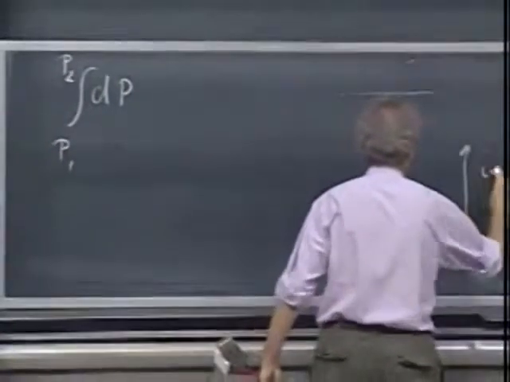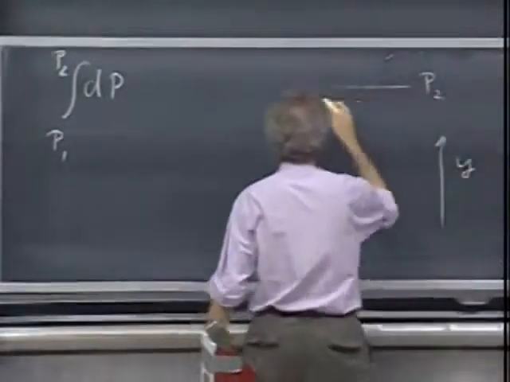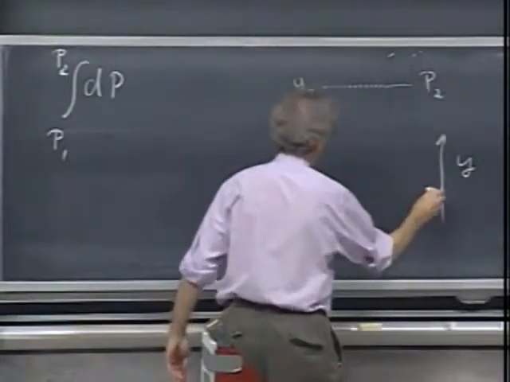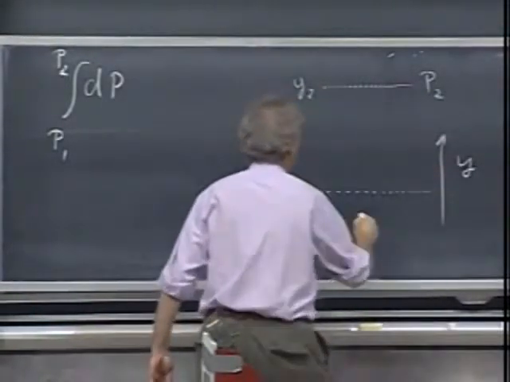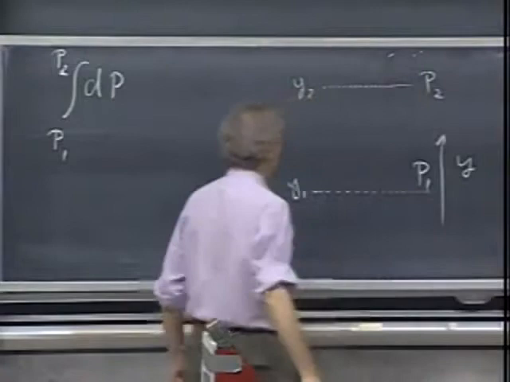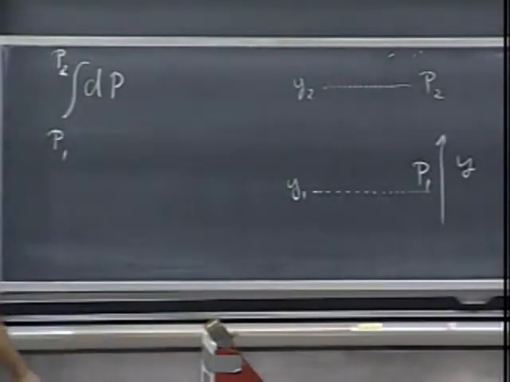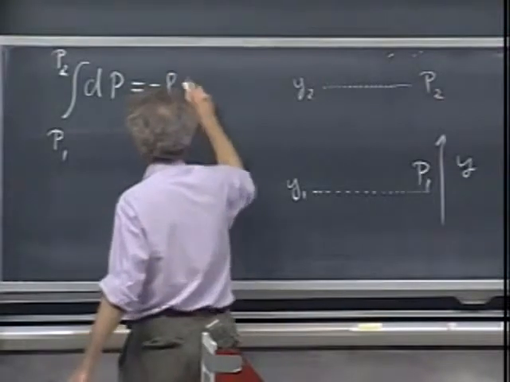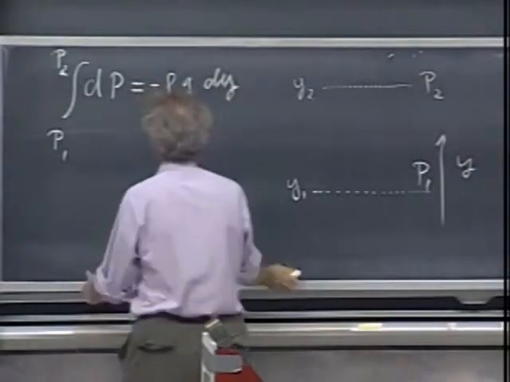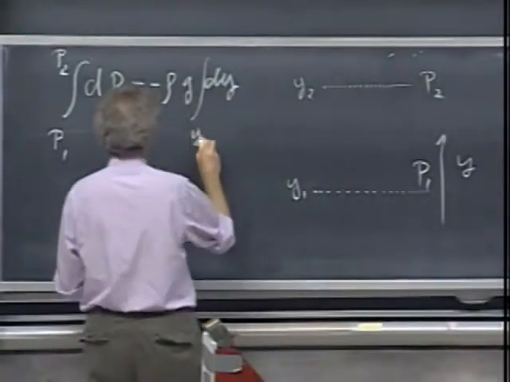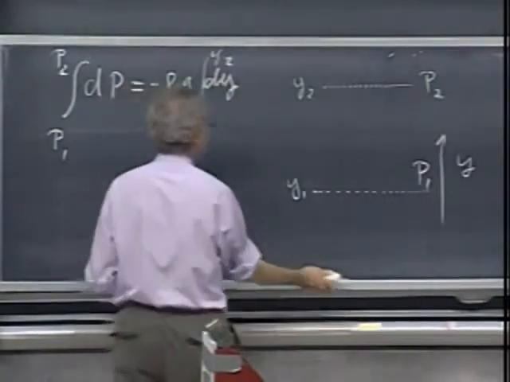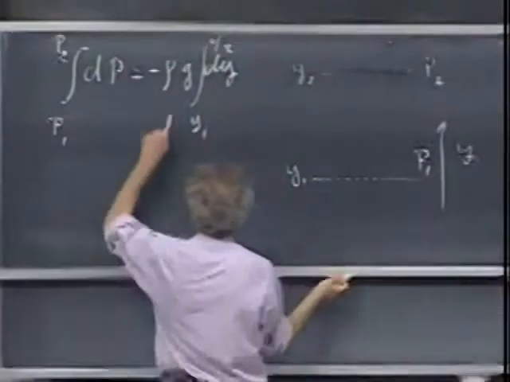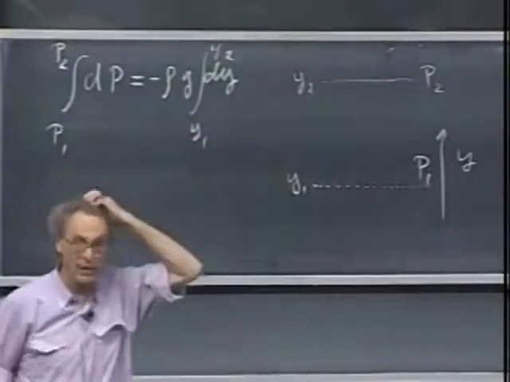This is y, level y2, level y1, pressure p1 in the liquid. And that equals now minus rho g dy, integrated from y1 to y2. So that's now a trivial integral because rho is constant. Rho is not a function of y.